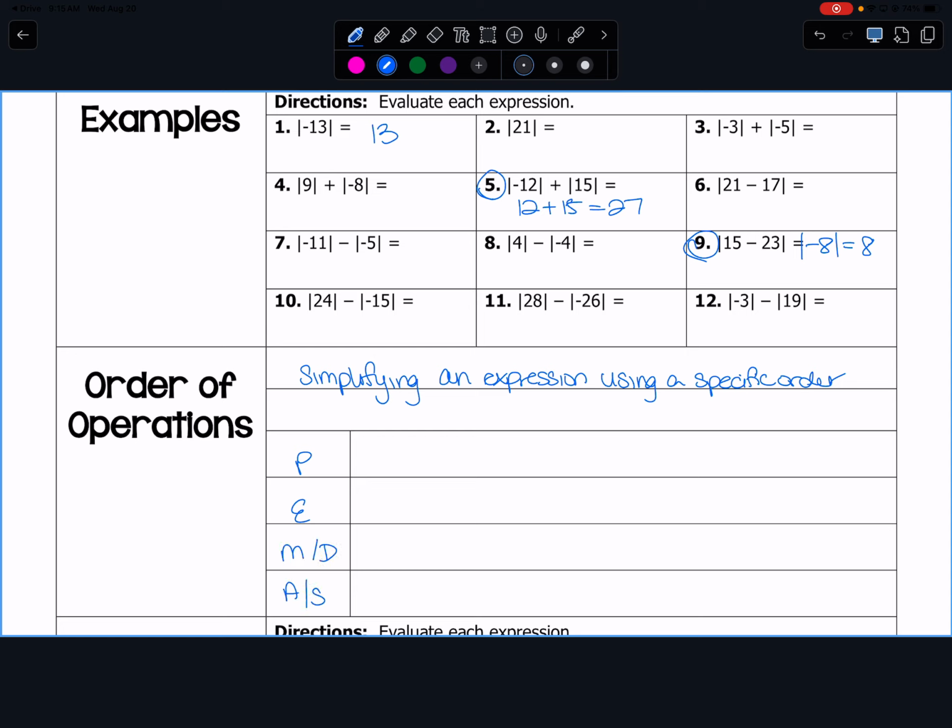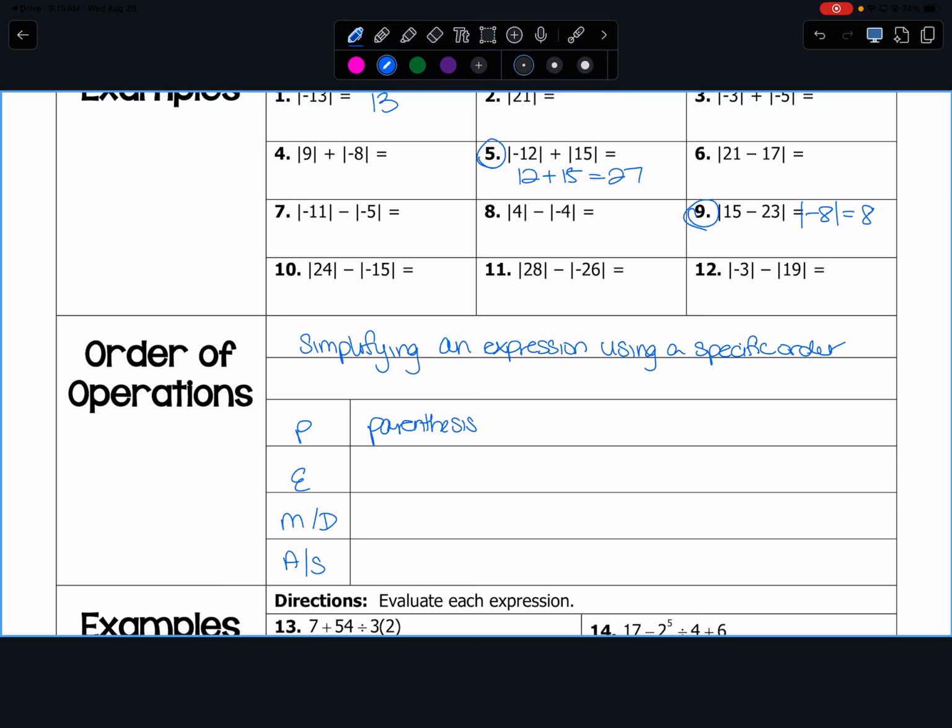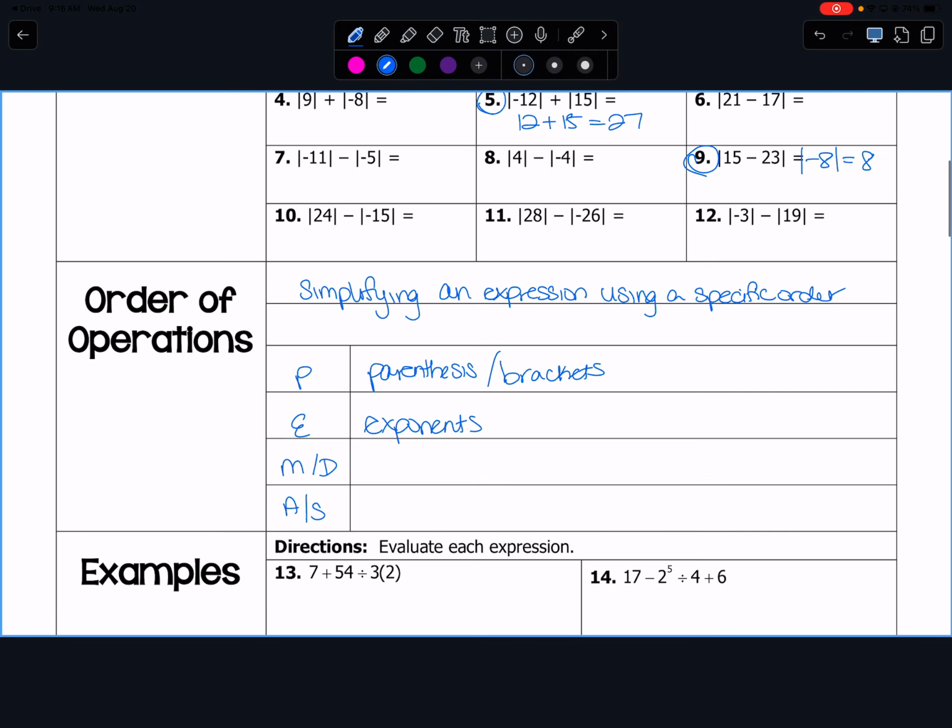parentheses, or they put like grouping symbols, but so any type of parentheses, brackets, exponents, and then multiplication.